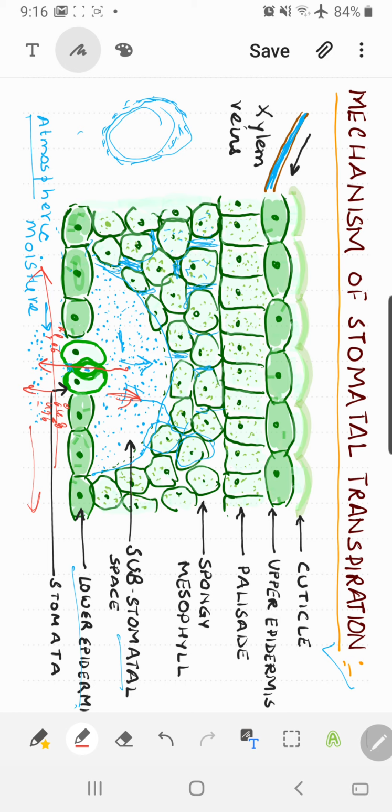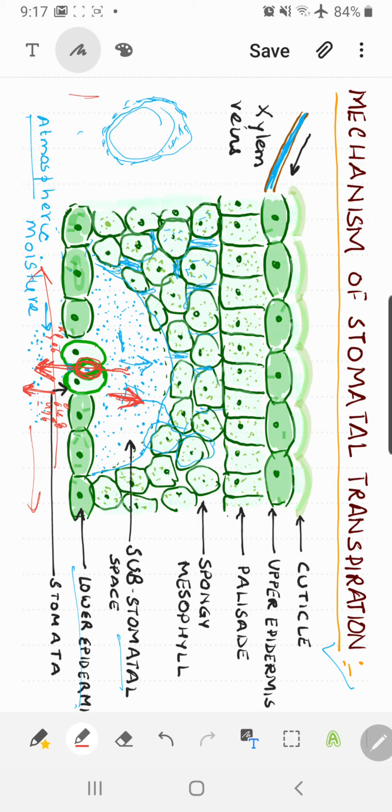I hope this much is clear to you, but you also understand that this exchange was only based on diffusion because there is no involvement of a semi-permeable membrane. The stoma was open, therefore the water vapors were able to escape out. The main requisition was the concentration of water vapor should be higher in and it should be lower out. That means on a dry day transpiration would be more.